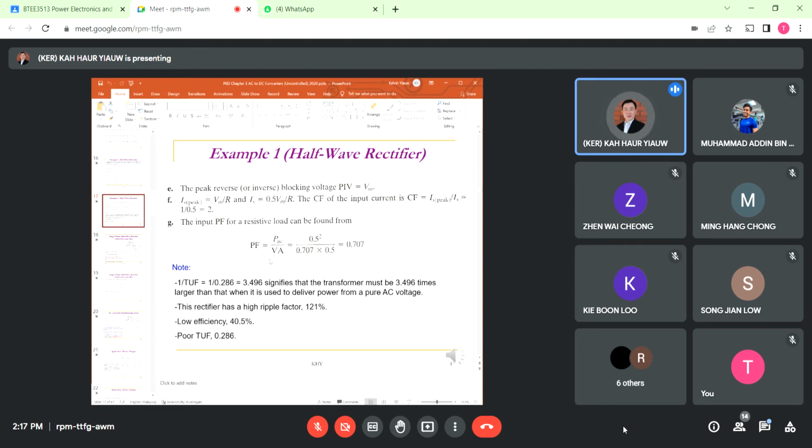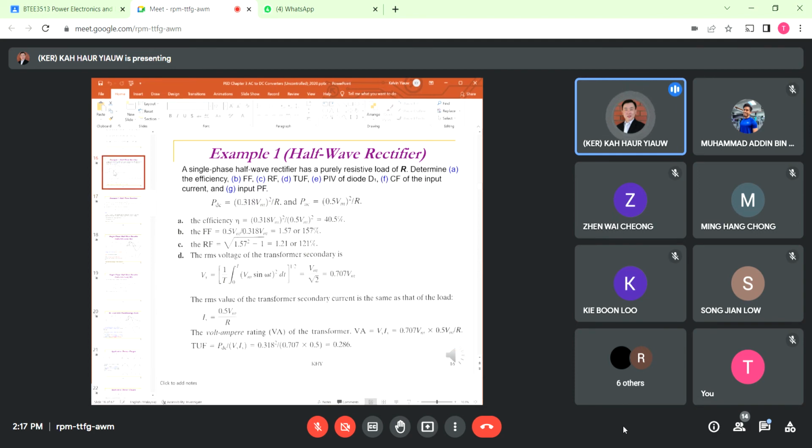And then you can see your power factor is in fact equal to 0.707. Now, how to get this, 0.5 times 0.5 over 0.707 times 0.5? Please find out. The answer, I have already told you, is due to the difference of this voltage here.